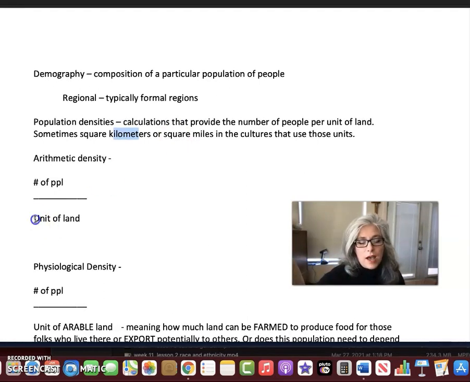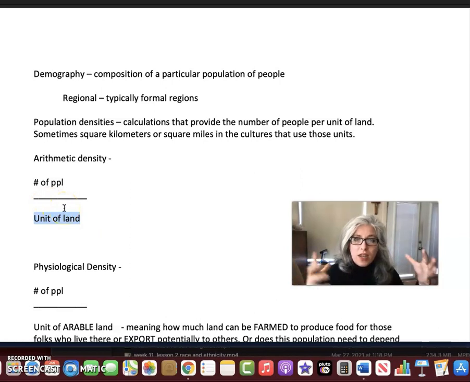So if you wanted to calculate the population density of Little Rock, you would get the number of people, which is a little bit more than 200,000, and the number of square miles, and you would divide this. I have this little line in between, so this is a little bit of math that we do in geography class. You divide this, and you come up with the number of people per square mile.